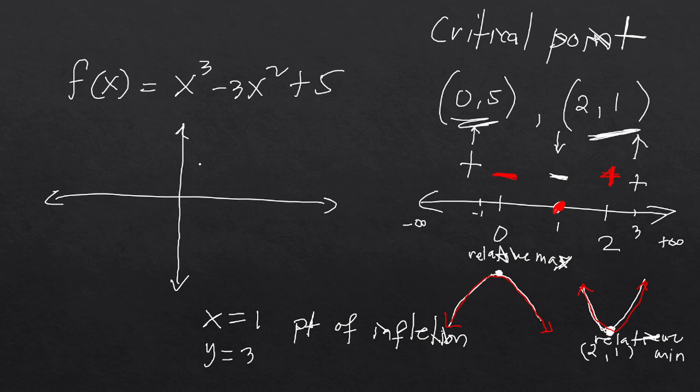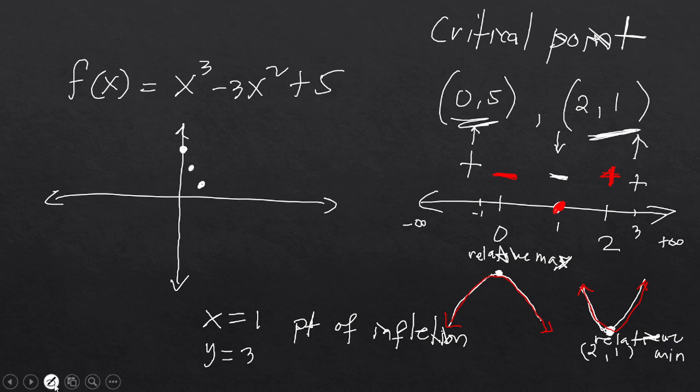The 0, 5 is somewhere here. And we will also have the critical point 2, 1. 2, 1 is somewhere here. Okay, so we will also have our point of inflection that is 1, 3 somewhere here.